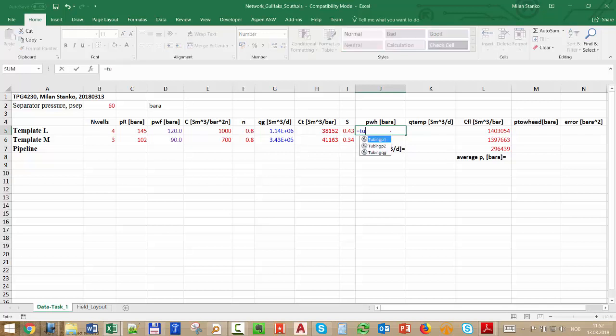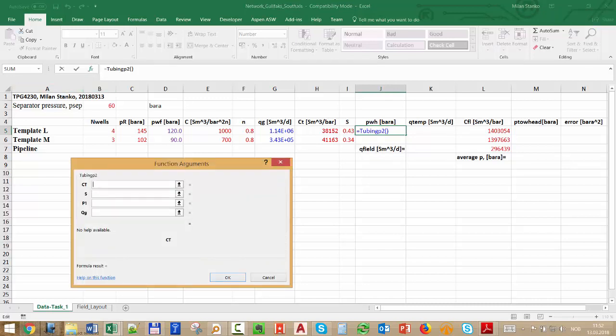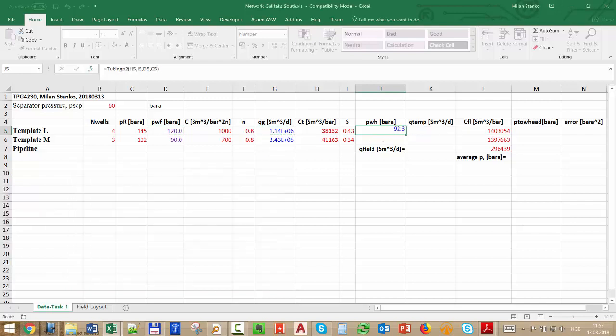If you remember, it was tubing. Should I use tubing P1, P2, or Q? P2, right? We have the pressure at the inlet of the tubing, and we want the pressure at the outlet of the tubing. So tubing P2, and that needs the CT, the inlet pressure, which is flowing bottom hole pressure, and the rate. Then I drag it down.